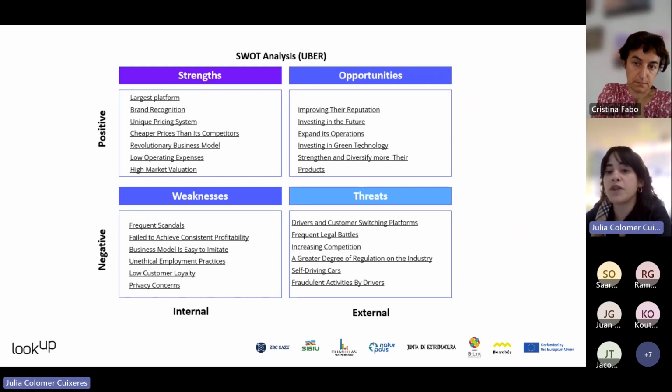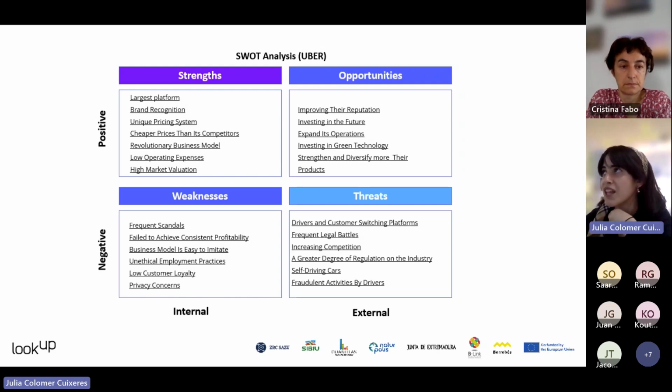When we are talking about the strengths, we are talking about what the organization has. I mean, I'm an organization, I'm analyzing myself, in this case, Uber, what I have internally that is powerful for me, and of course, it's positive. So regarding Uber, we have that it is the largest platform. They have brand recognition.